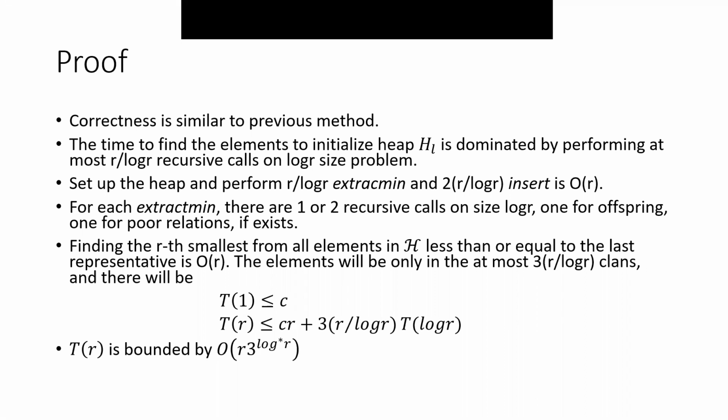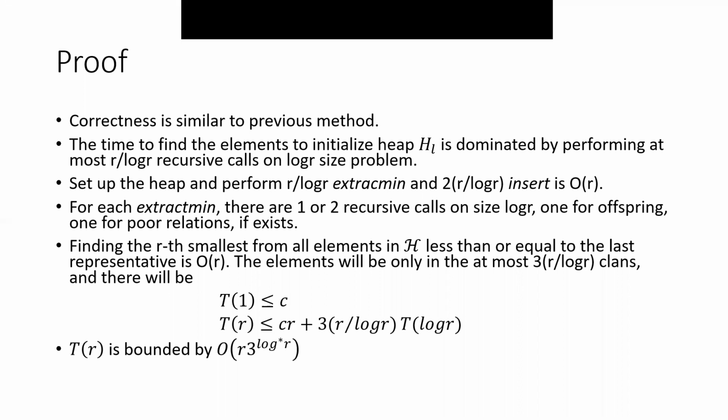So for each extract min operation, there are 1 or 2 recursive calls of size log R: 1 for the offspring, 1 for the port relations. If the port relations exist, that's 2 recursive calls. If they don't, then it's 1 recursive call.